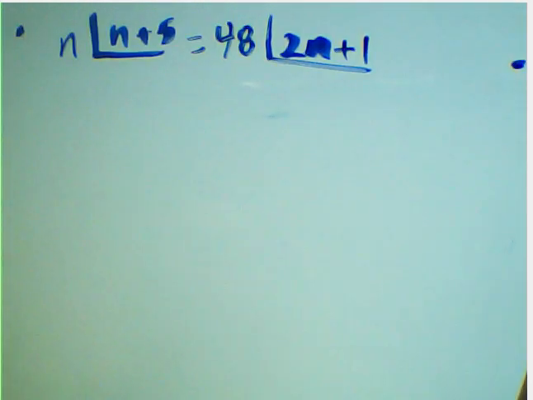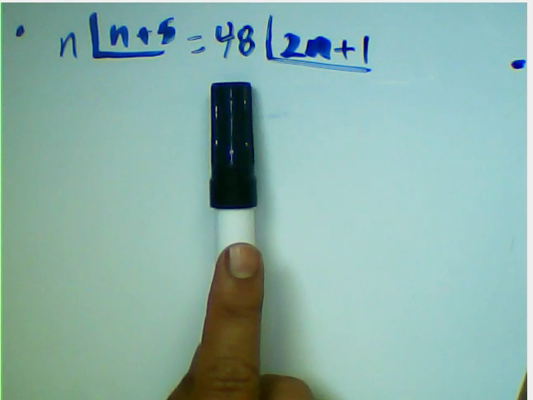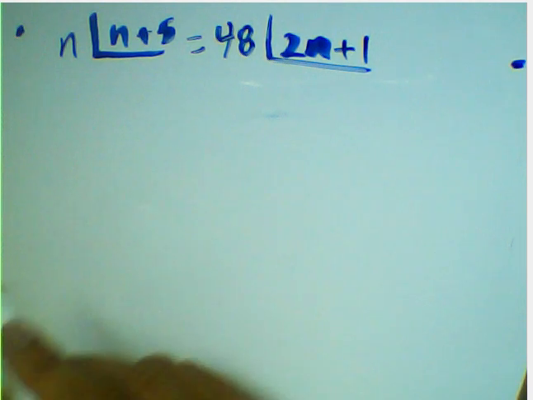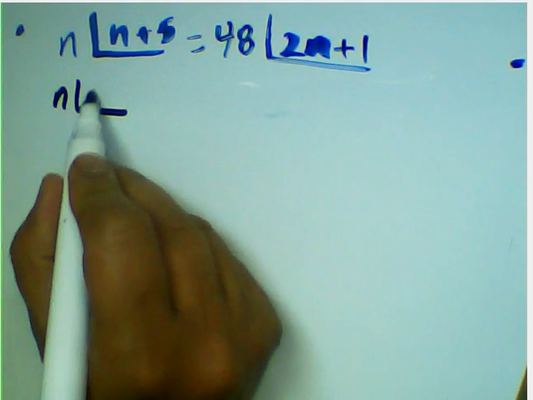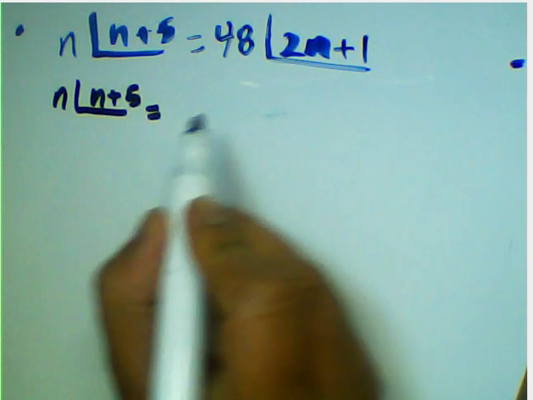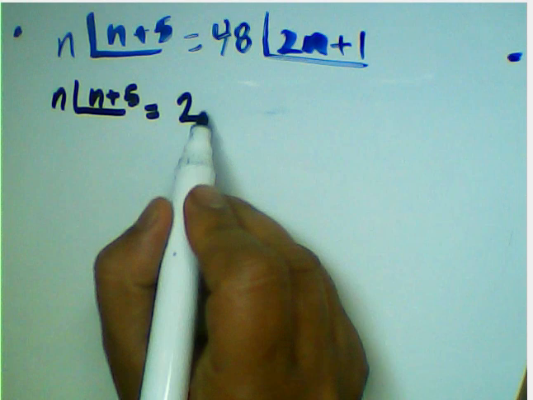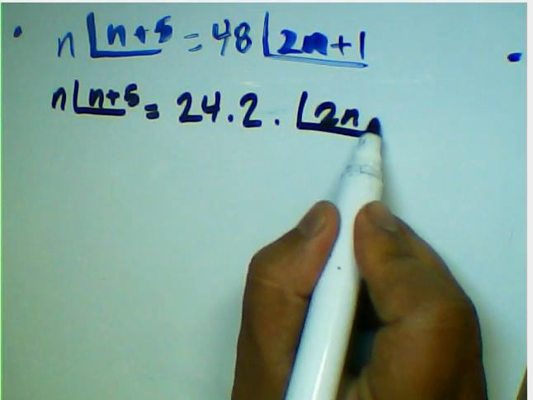Look at this example, factorial here n plus 5 multiplication n equal 48 multiplication to n plus 1. We know 48 here equal what? 48 equal 24 times 2. Then we can write n factorial n plus 5, and 48 write 24 multiplication by 2 multiplication by 2n plus 1.